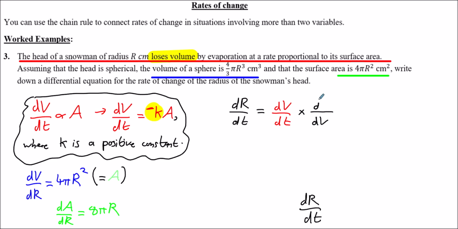And I want a dr on the top. Now, I don't know what dr over dv is, but I have just worked out dv by dr. So if we remember, we can just find dr by dv by reciprocating this. So dr by dv will be 1 over dv by dr, which is 1 over 4 pi R squared.